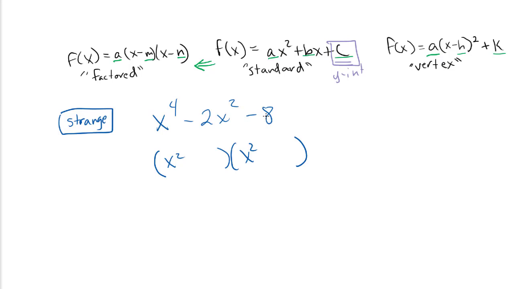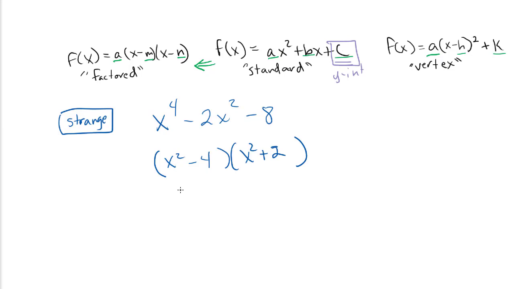Well, the factors of 8 are 1 and 8 and 2 and 4. So I can do x squared minus 4 and x squared plus 2. Multiply that back out. That gives me x to the 4th minus 4x squared plus 2x squared is minus 2x squared. Minus 4 times 2 is minus 8. This works. Notice I just treated the x squared as kind of my x essentially.